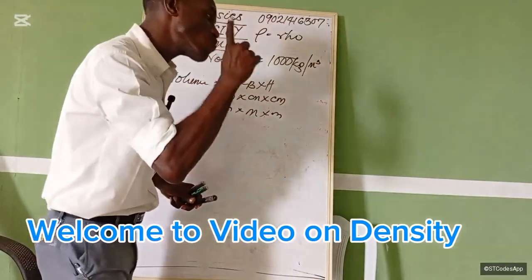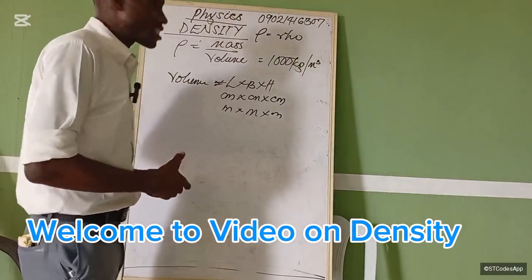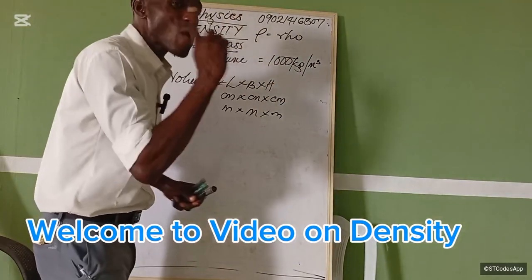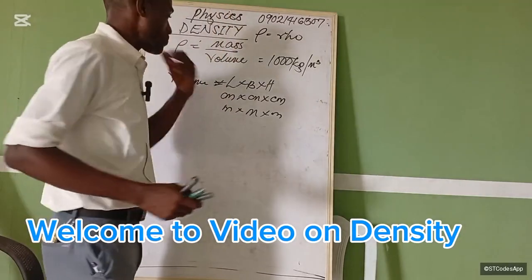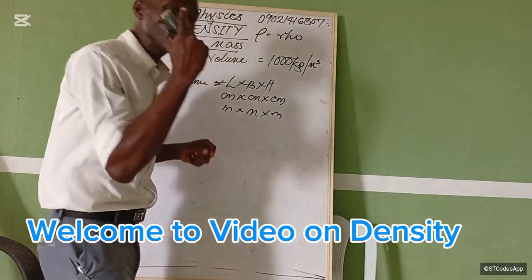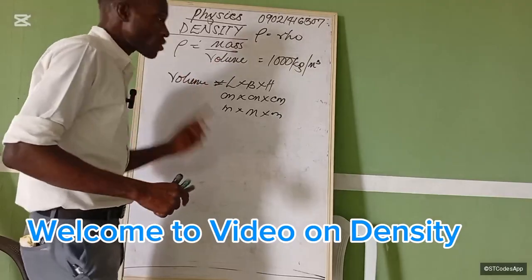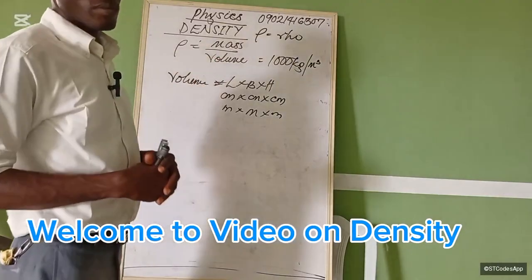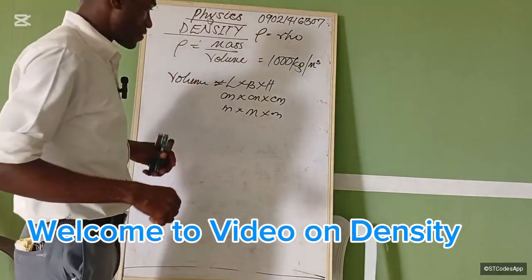So if the unit is centimeter cube, that is the mass of 1 centimeter cube of the substance. Or the mass of 1 meter cube of a substance. That is the density of that substance.